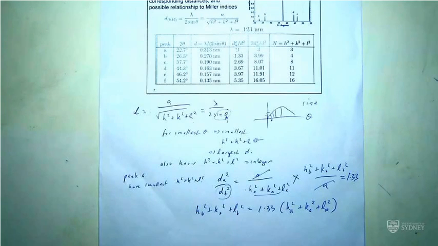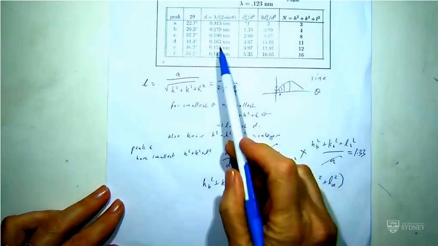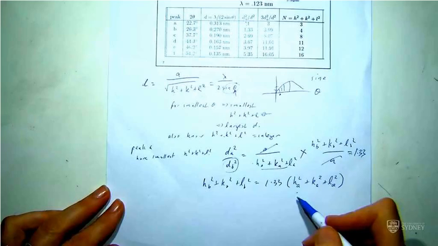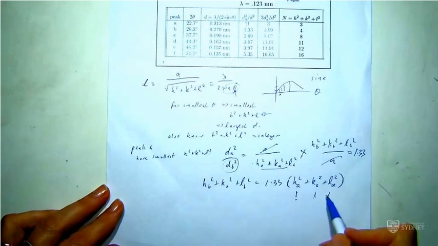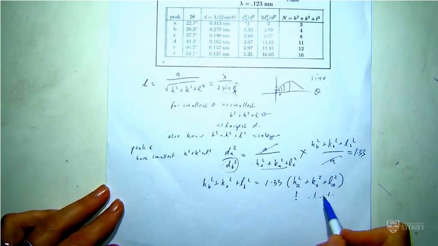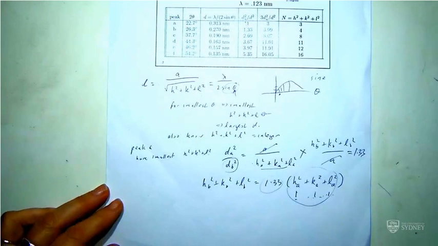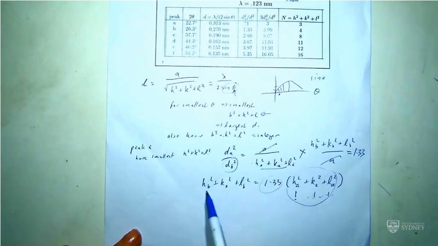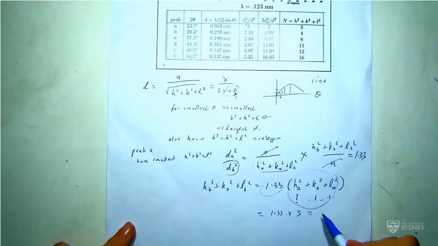So that's basically how it has been determined that for peak A, these have to be 1, 1, 1, because this is the smallest indices that will get you an integer, okay? Because this has to be an integer, and when we multiply that, we also have to get an integer because this is an integer. So that's times 3, and that's kind of how we got this.